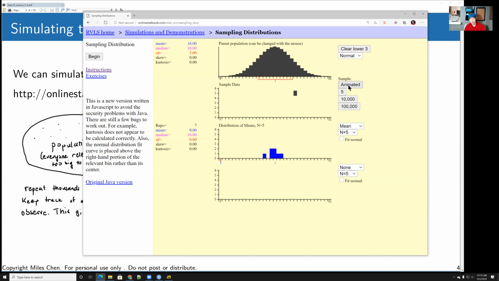We keep getting values, again, mostly kind of in the middle-ish region, and we calculate the mean of those. Every now and then we get some values farther out, okay, but so far we haven't really seen any values all the way at the edges, okay? And so I can keep doing this, all right, each time taking a sample of 5 values and calculating the mean.